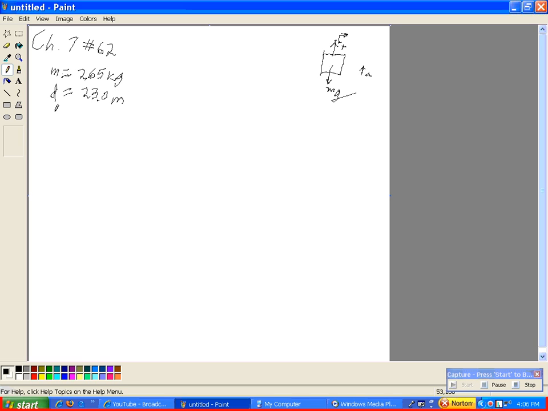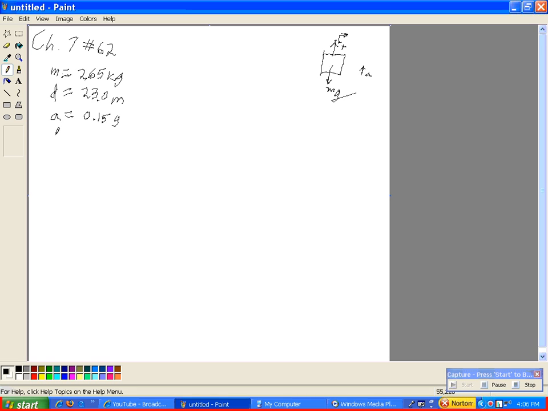The acceleration is given as 0.15 times gravity.